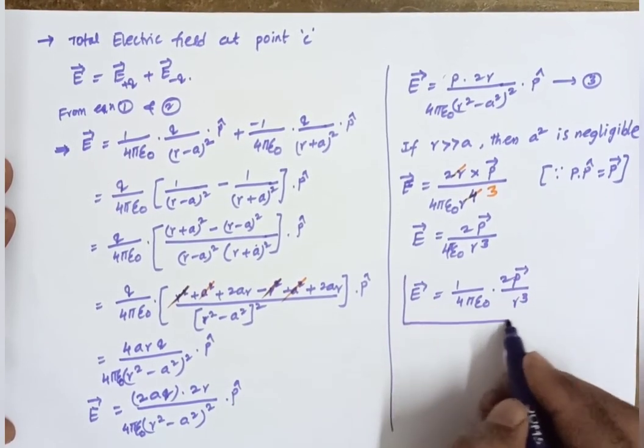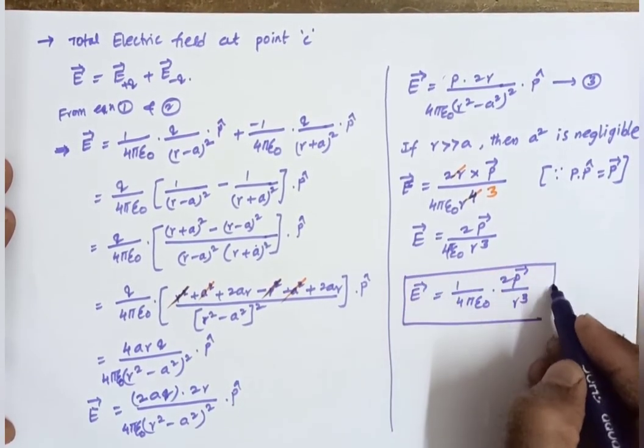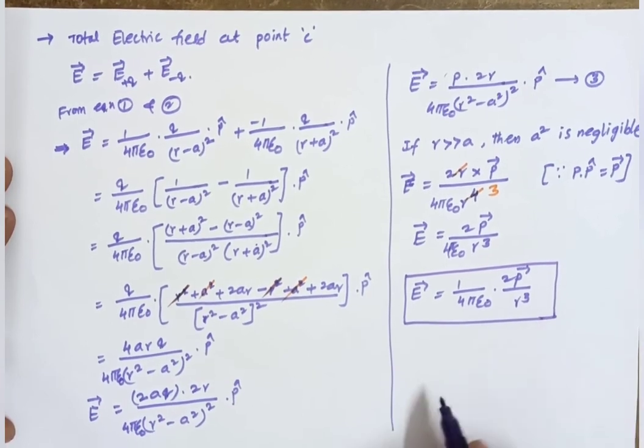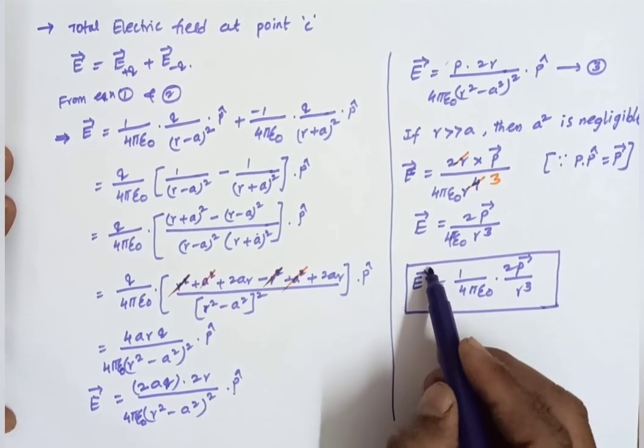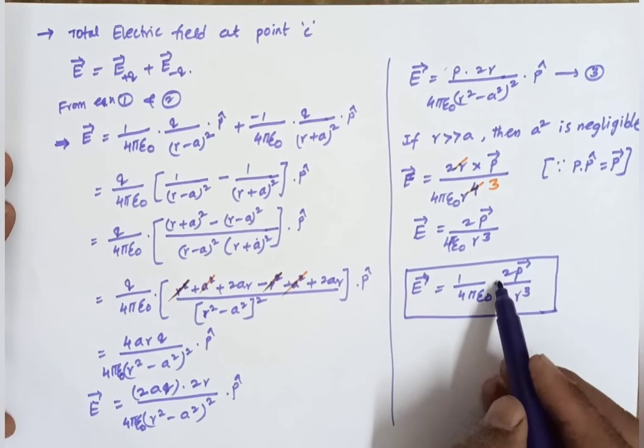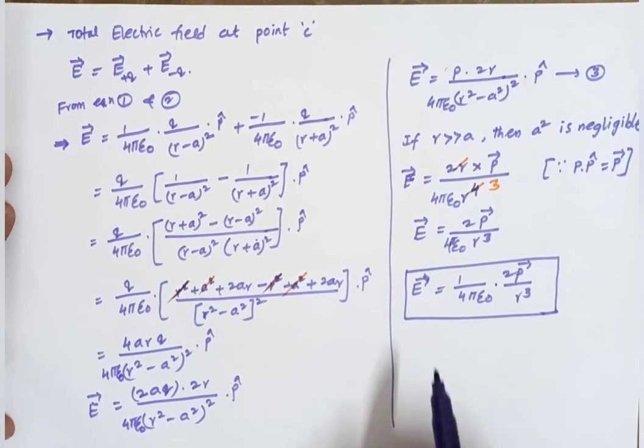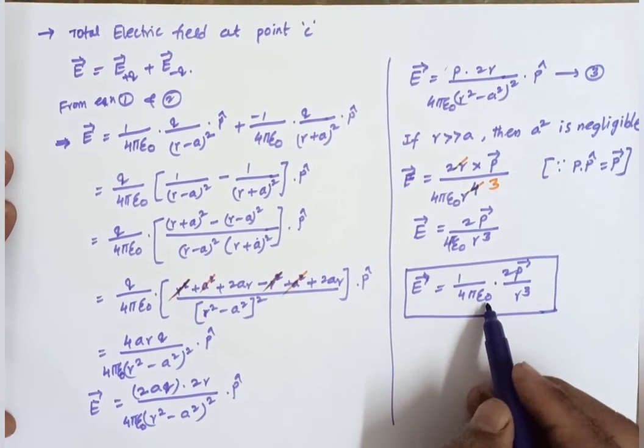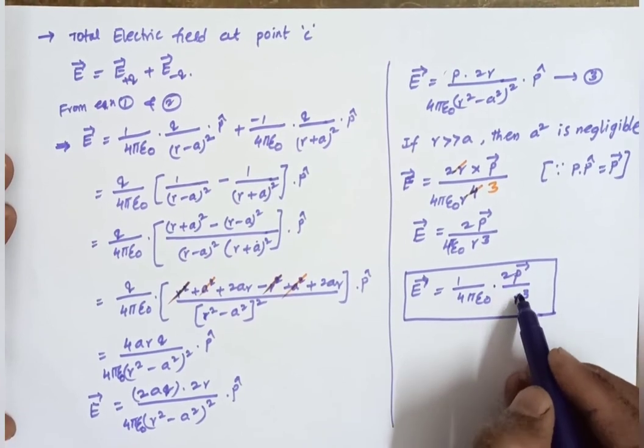So at a point C on the axial line, the electric field strength due to an electric dipole is E bar equals 1 by 4 pi epsilon naught into 2P bar by R cube.